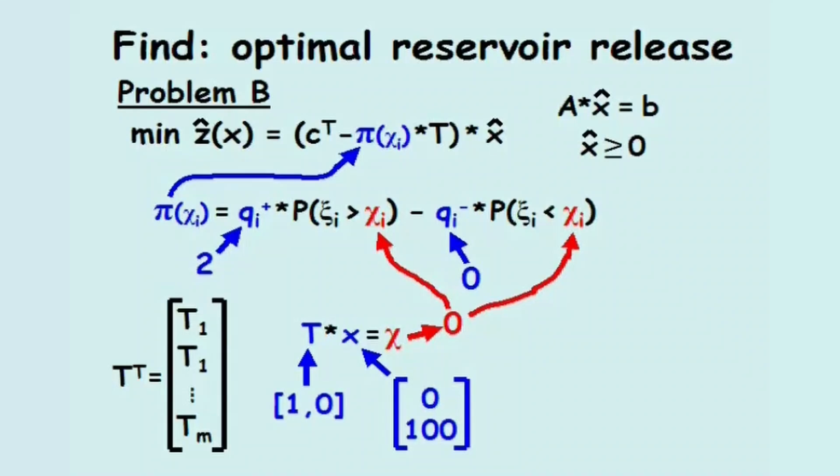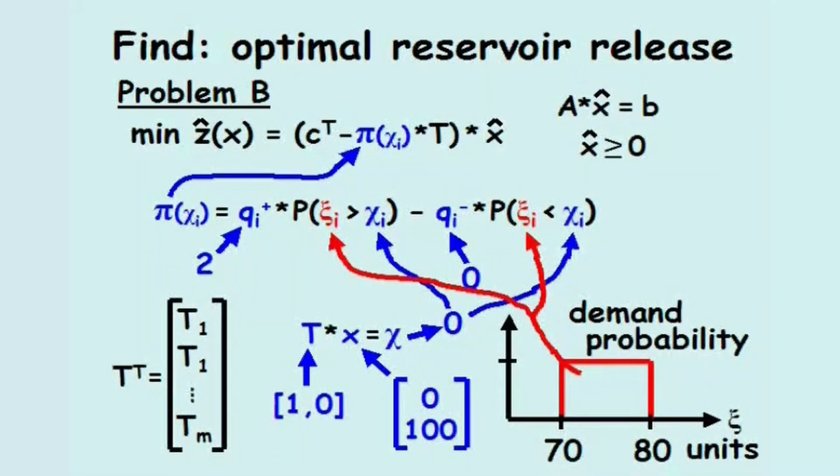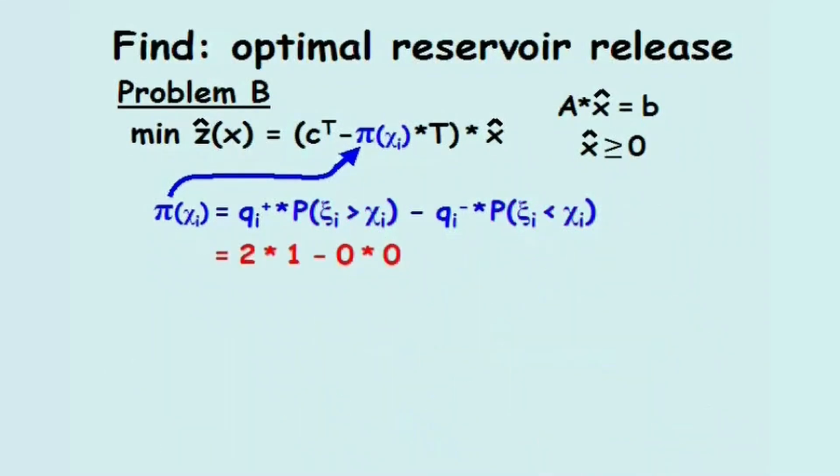Since we know the demand ranges between 70 and 80 units, there is a 100% probability the demand will be greater than 0, and a 0% probability the demand will be less than 0. This equation reduces to 2 times 1 minus 0 times 0. So pi of chi is currently 2.